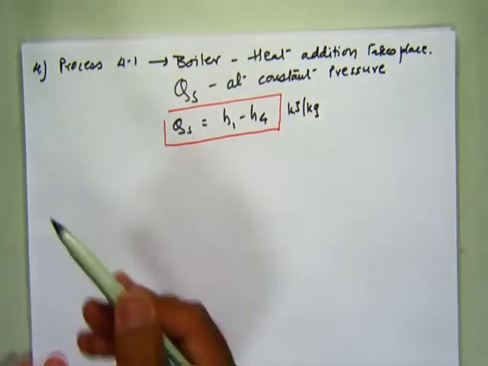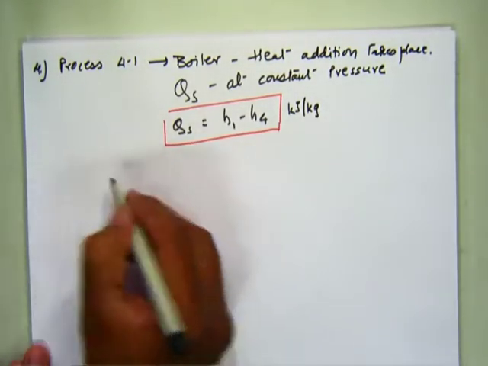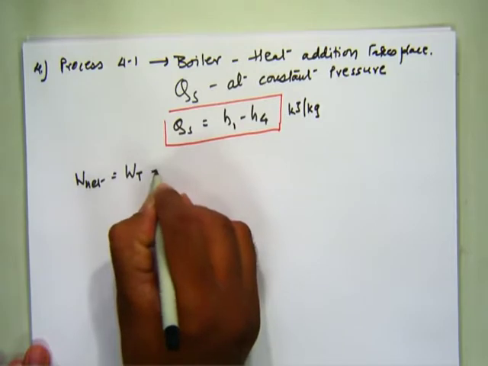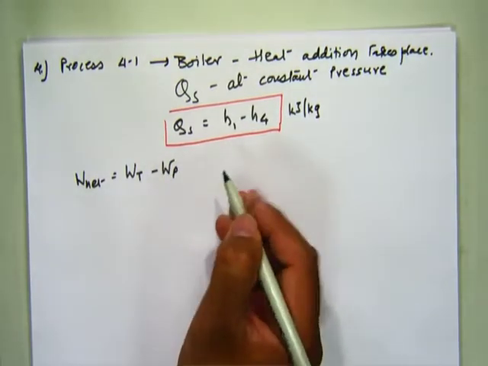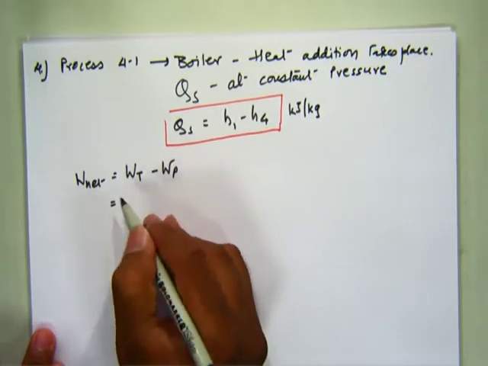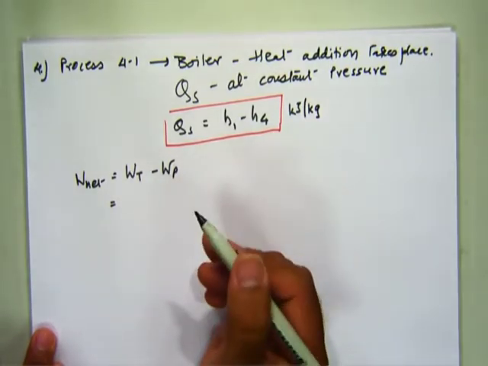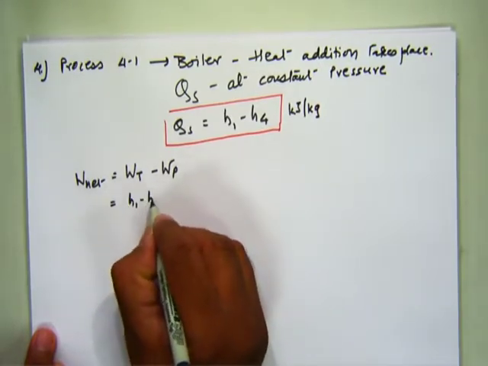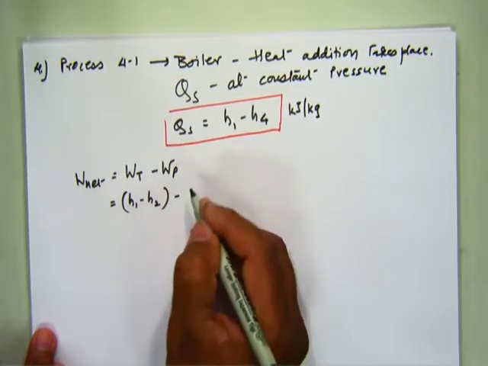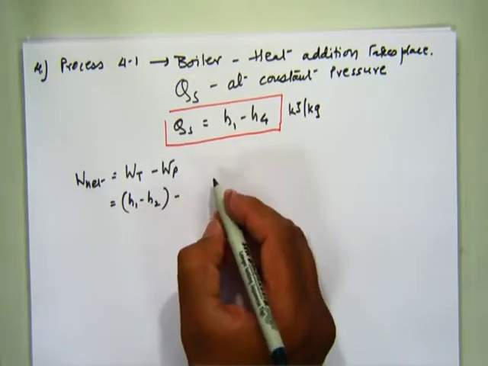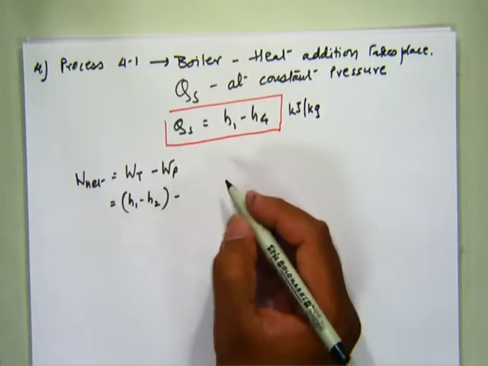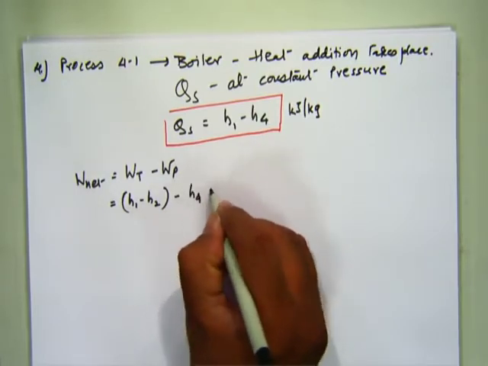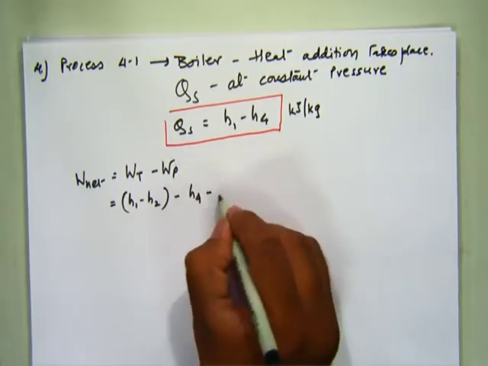Now, net work developed is equal to turbine work minus pump work. Turbine work is H1 minus H2, minus pump work, which is H4 minus H3.